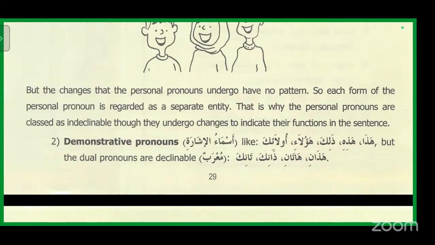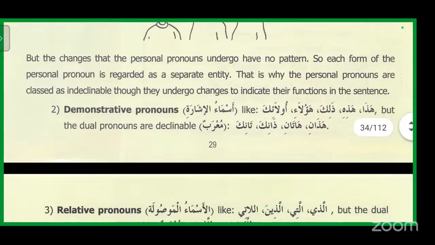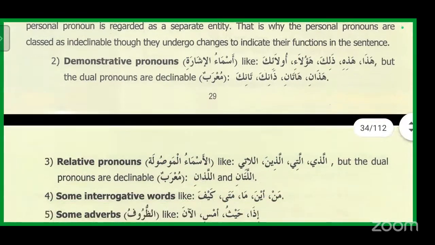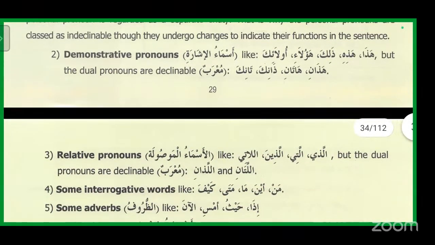Category number 2, demonstrative pronouns, Asma'ul ishara, like haza, hazihi, zalika, haula'i, ulaika. But the dual pronouns are declinable, mu'rabun: hazani, hatani, dhanika, tanika, zani, hazin.